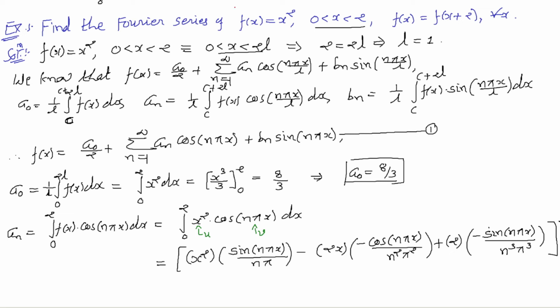Again I repeat, how do we proceed? U as it is, then the derivative of u, again derivative of this bracket, right? V as it is, sorry, integration of v, then again integration of this bracket.